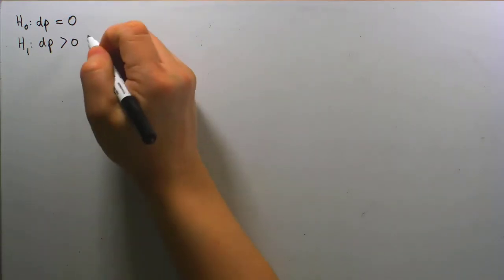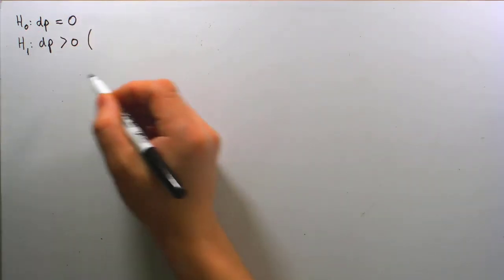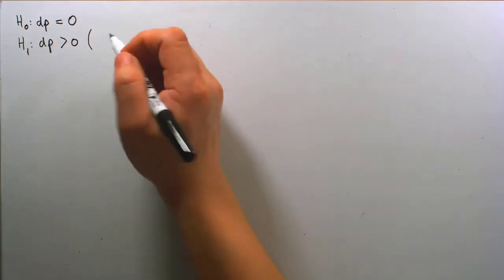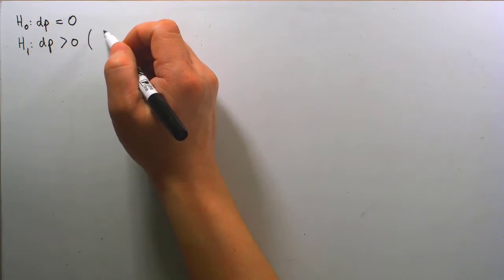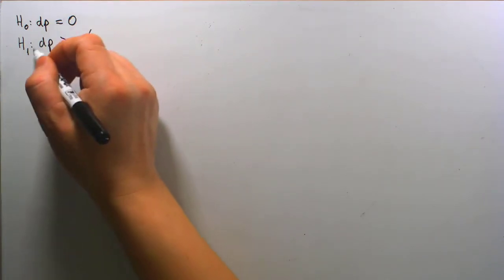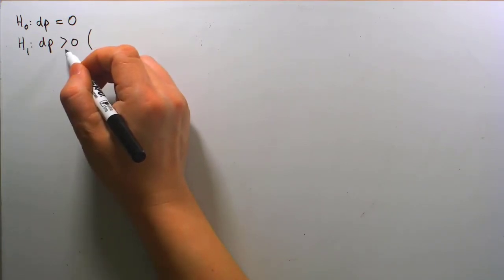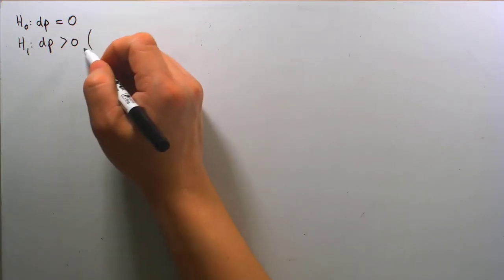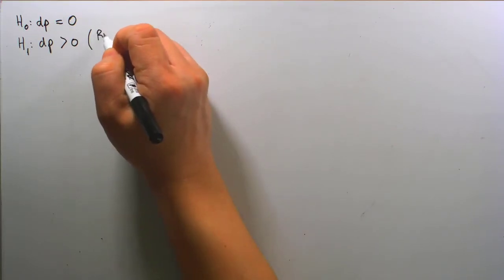And so consequently, how we have learned through testing hypothesis, when our alternative hypothesis has an inequality that points to the right hand side, the test we are about to perform is referred to as the right tail test.